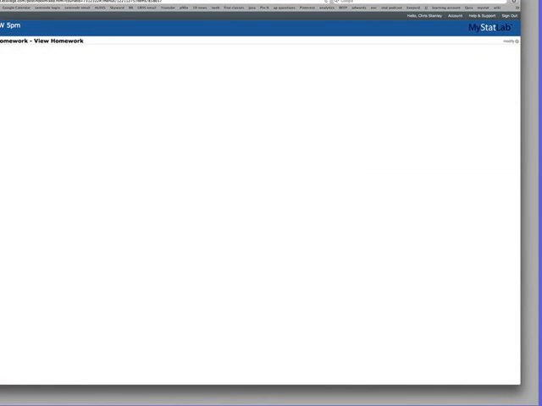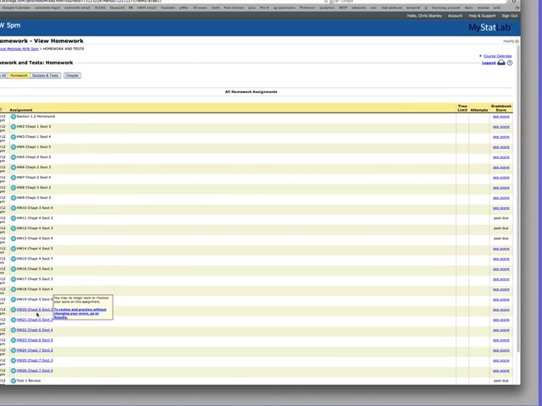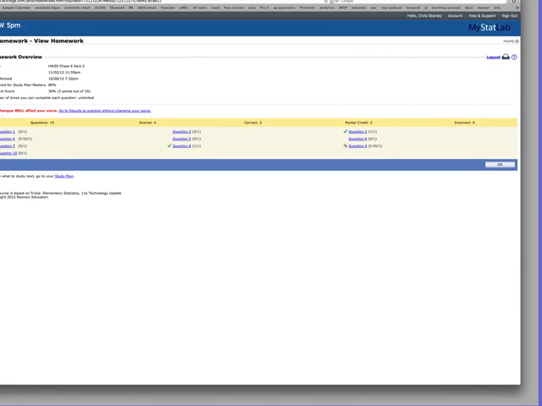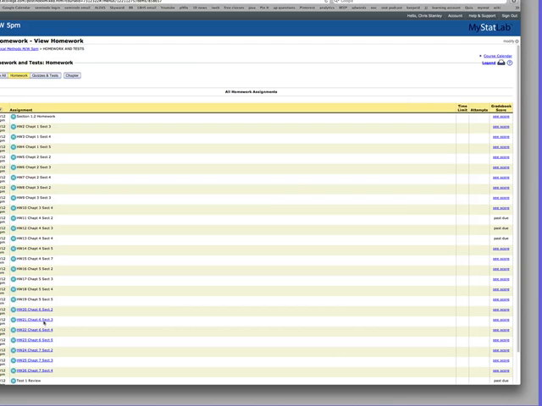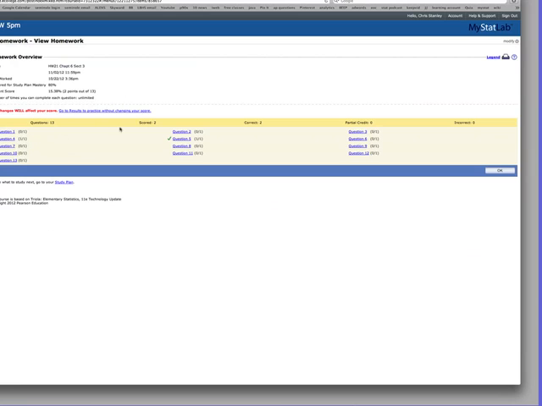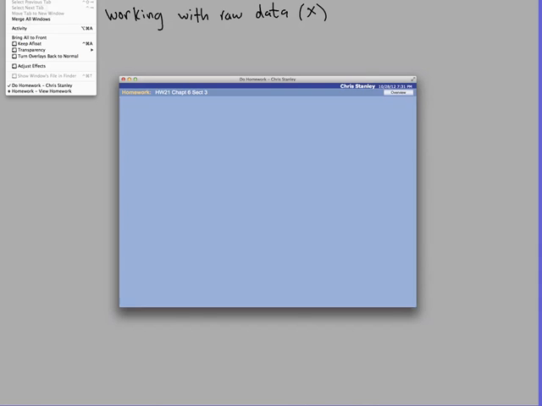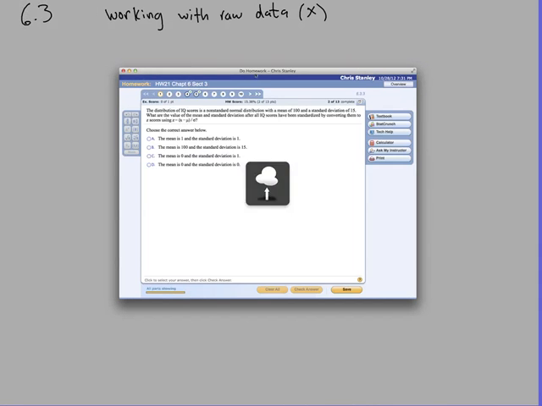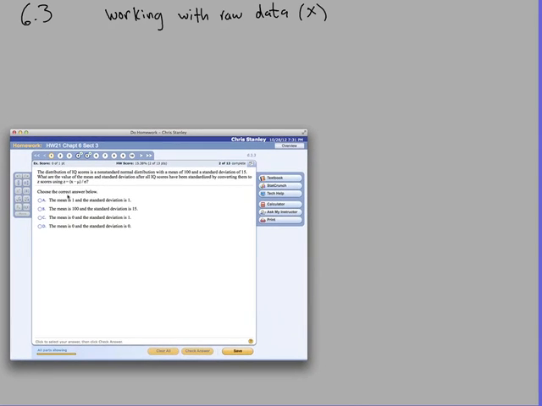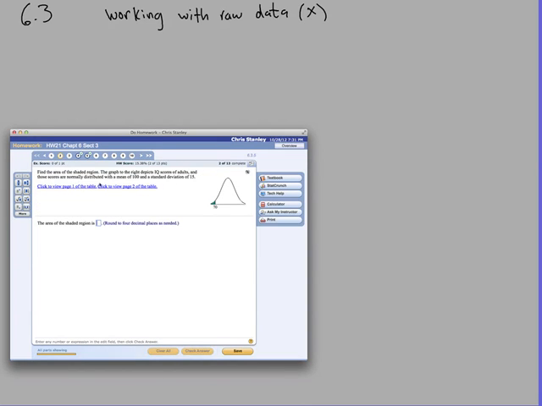Okay, so let's go to 6.3. Most of these are the same idea. Here are the Z's, which you should know. You could work on number 1, but I'm just going to show you a couple of these.